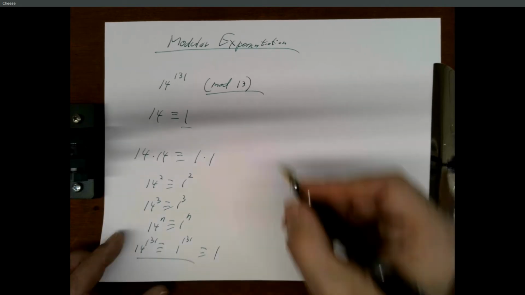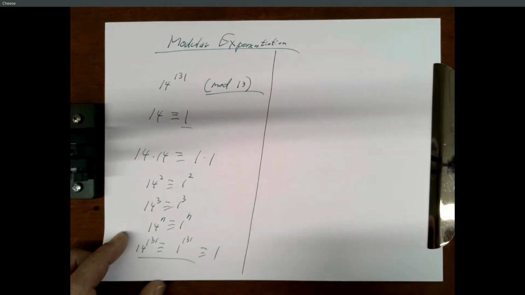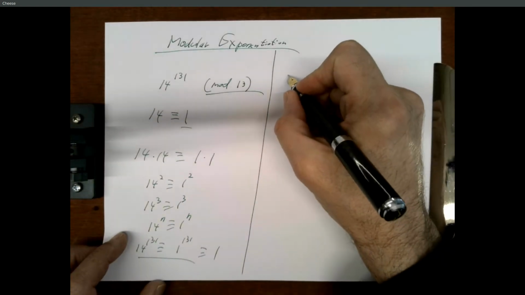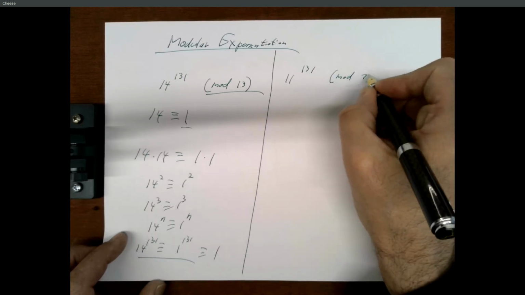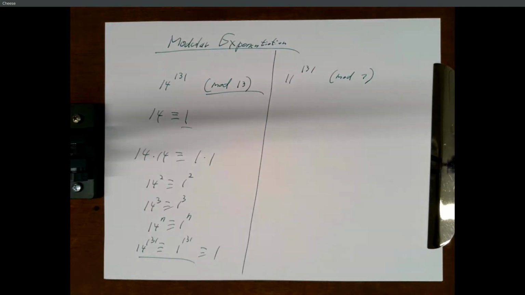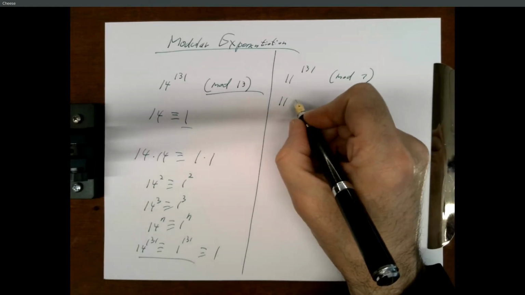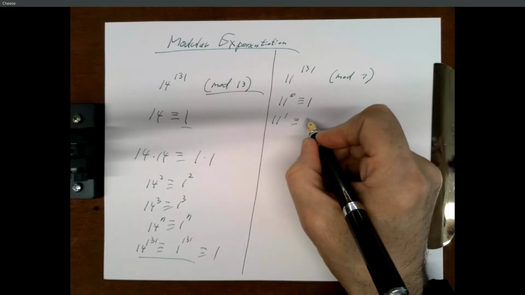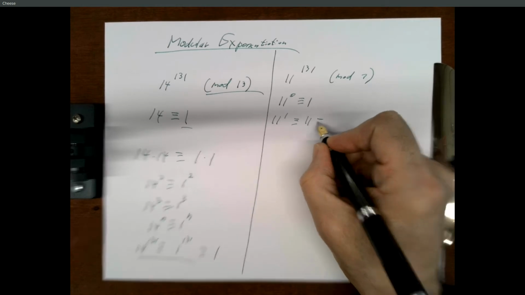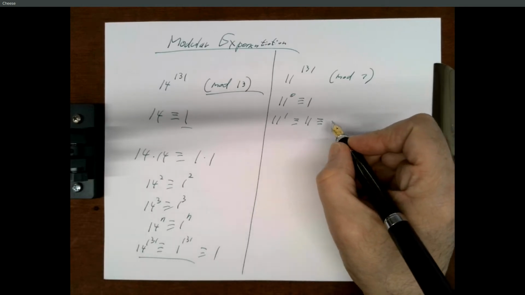So suppose I wanted to do, I don't know, 11 to the 131st modulo 7. Well, it's a little harder now, right? So 11 to the 0 is just 1. 11 to the 1 is just 11, which is congruent to what mod 7?